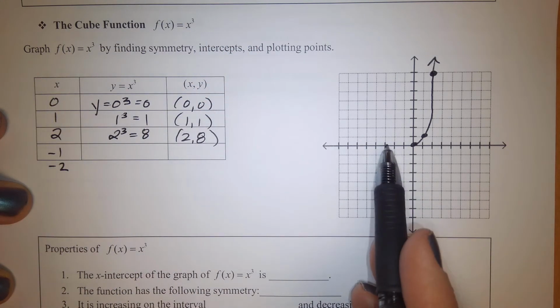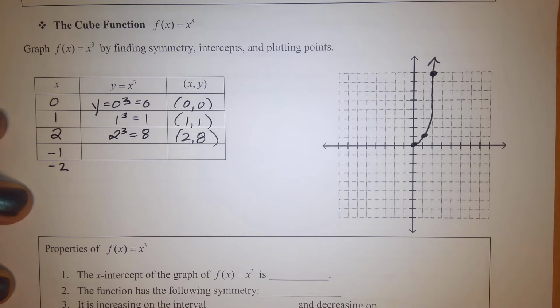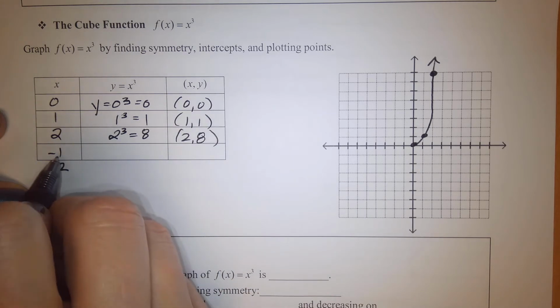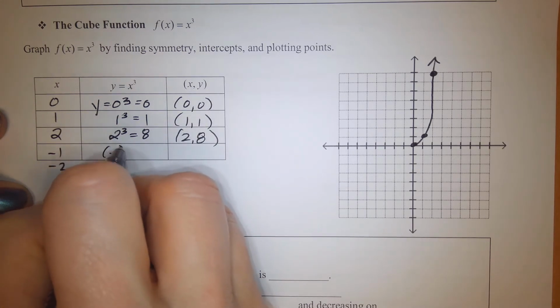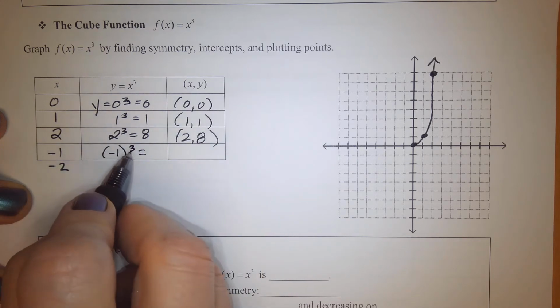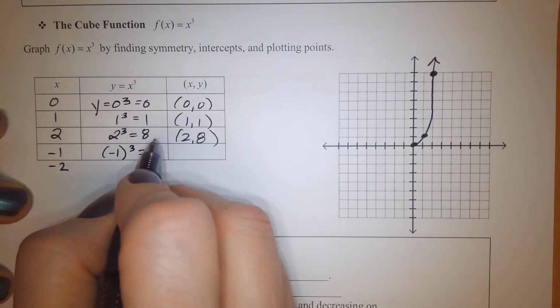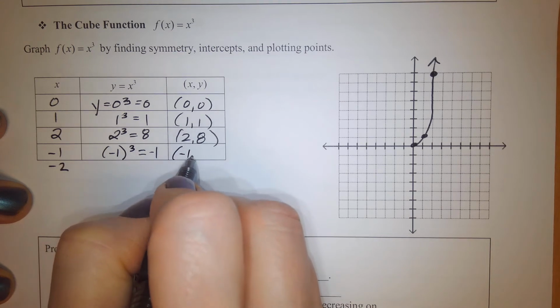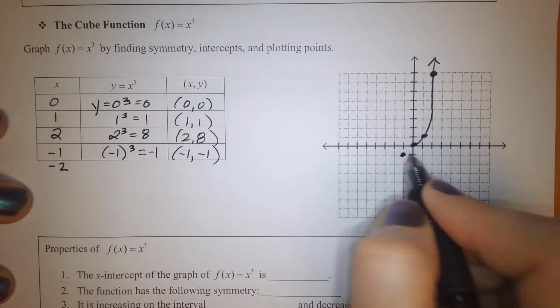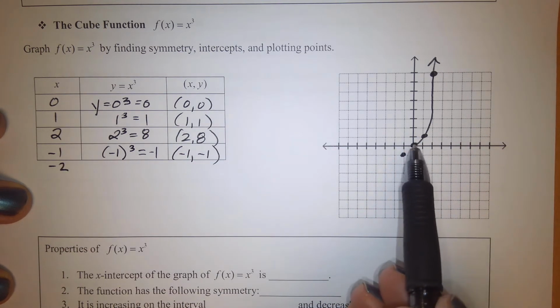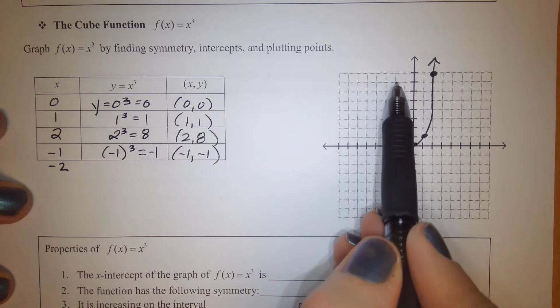Let's see what's happening on the left side of the y-axis. If I put in a negative x, I get negative 1 to the third power. Well, a negative 3 times is still negative. So negative 1, negative 1. So it's not a parabola where the left side matches the right side.